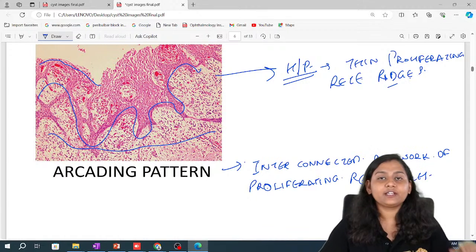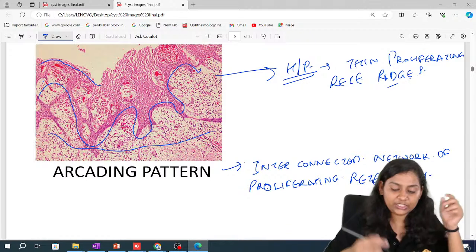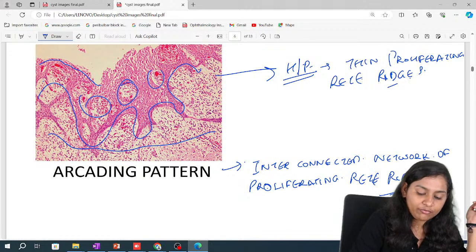These proliferating long thin rete ridges are interconnected, that means they are intertwined with each other, leading to the formation of the arcading pattern.